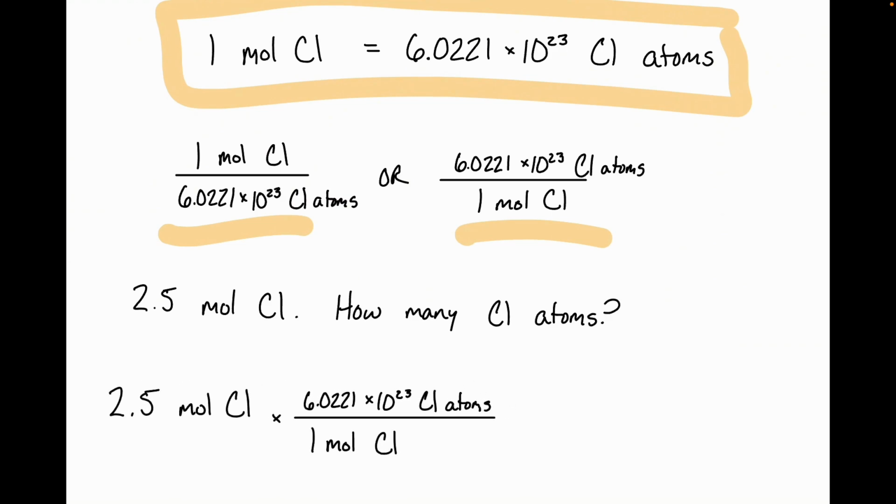Okay, and since it's such a big number, my calculator is going to spit out the answer in scientific notation as well. 1.5055 times 10 to the 24. And what are my units? The chlorine atoms, right? Moles have canceled out. So I'm left with chlorine atoms.